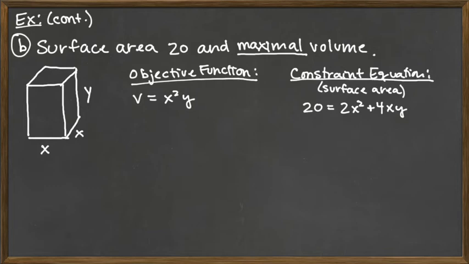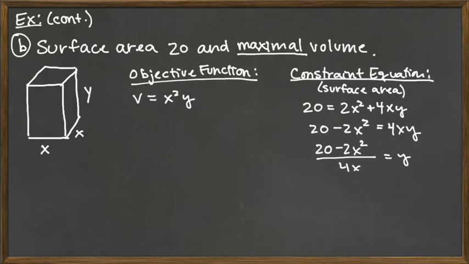So here we're looking at 20 minus 2x squared is equal to 4xy if we subtract over the 2x squared. And we want to divide both sides by 4x, so we're looking at 20 minus 2x squared over 4x to get that y by itself.